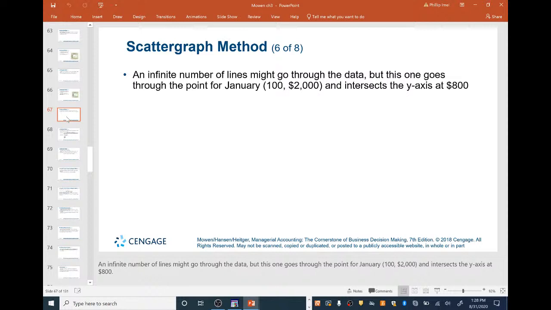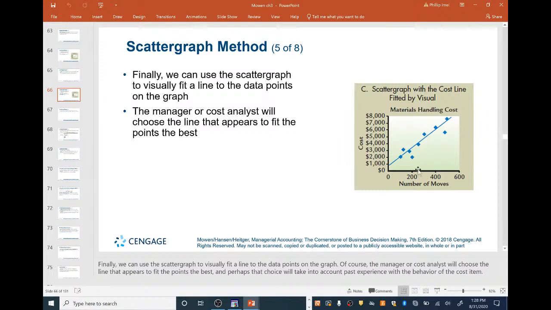An infinite number of lines might go through the data, but this one goes through the point for January, which is 100 and 2000, and intersects the y-axis at 800, okay? So once again, the y-axis is our fixed cost, right? And at January, it goes to 100 and 2000. So let's look back and see that. 100 and 2000.